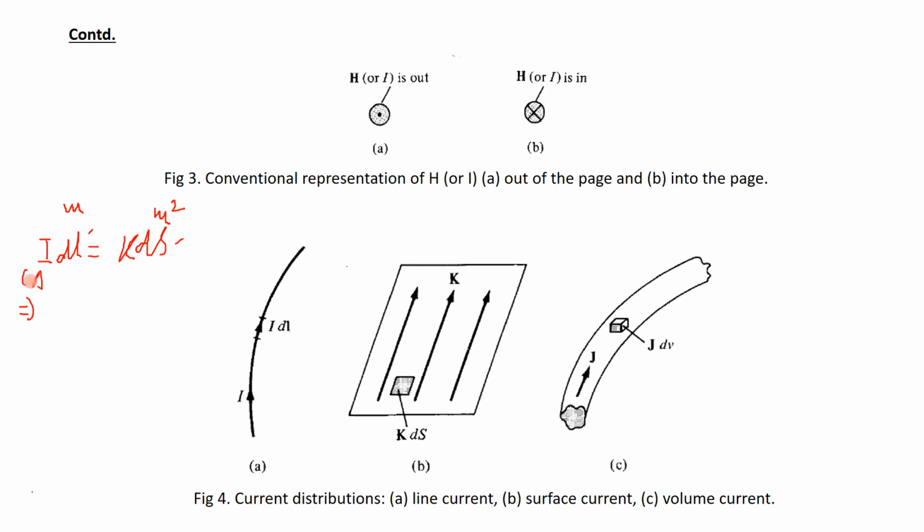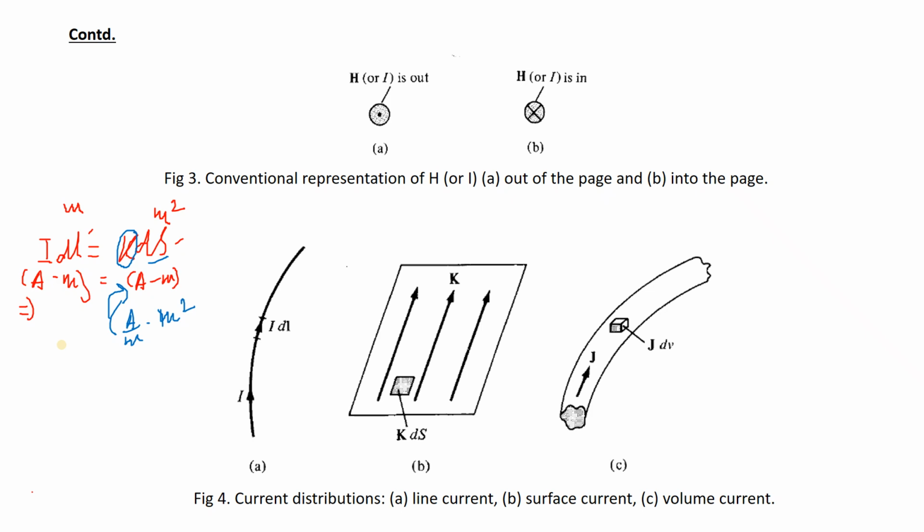I dl is ampere meter, so this unit also has to be ampere meter. But dS is meter square, so K should be ampere per meter, so that once they get multiplied, it becomes ampere meter, because it has to be equal.